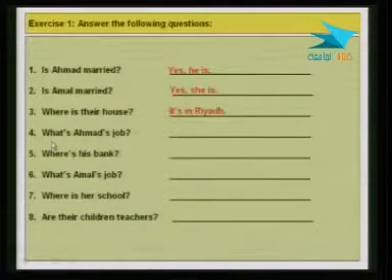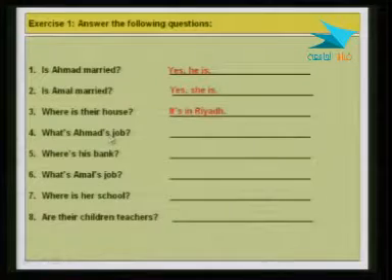We say what's. What's Ahmed's job? This one is not a verb be. This one is the apostrophe S for possession. We use it to ask about the job, Ahmed's job.